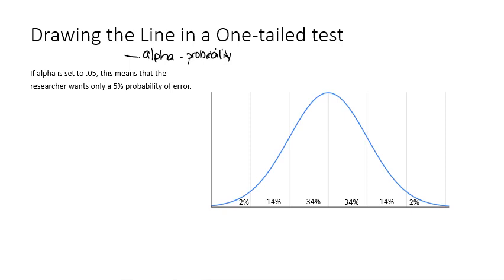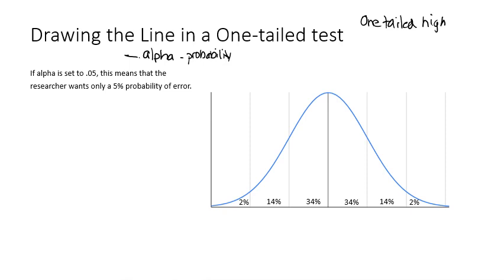So first off, let's say alpha is set to 0.05. The researcher just wants a 5% probability of making a mistake. So that means that the researcher is going to look for a score that is different from 5% of the values. So in a one-tailed high test, let's start there. So we have now a directional test. We have one-tailed high.